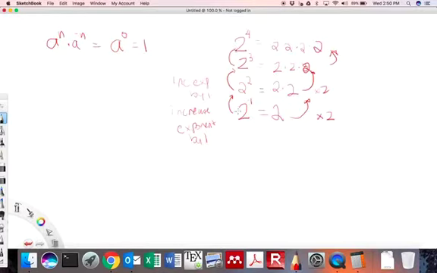As you move from one line up to the next, you can either increase the exponent by 1 or you can multiply by 2. So the number of factors of 2 is increasing by 1 as you move from one row to the next.